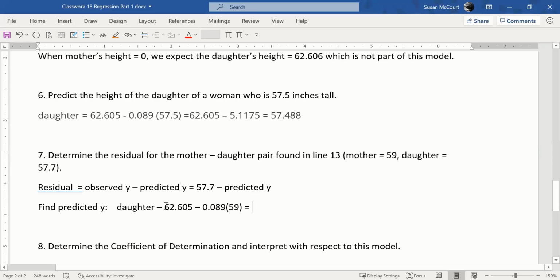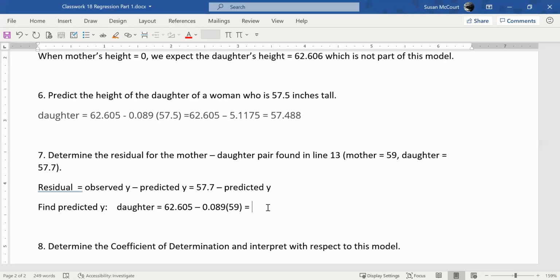Oh, that should be an equal to. So I have 0.089 times 59, and I'm going to subtract that from 62.605.